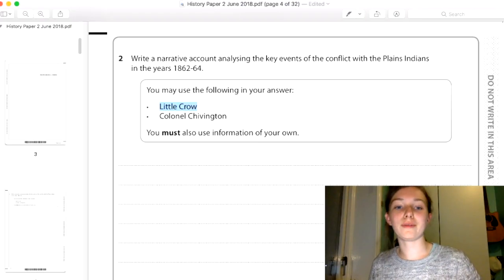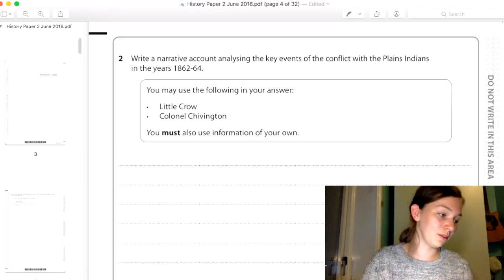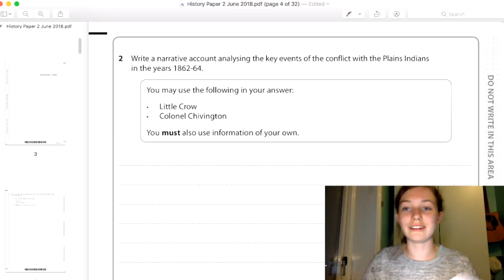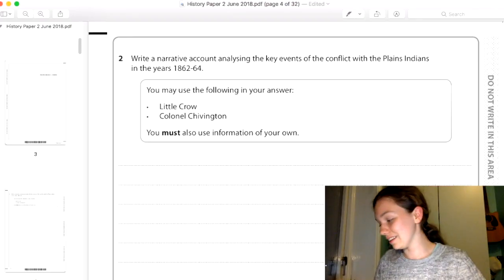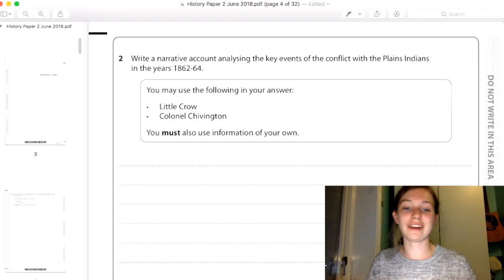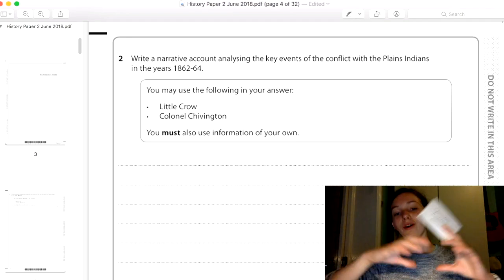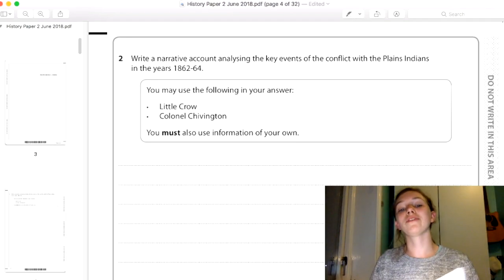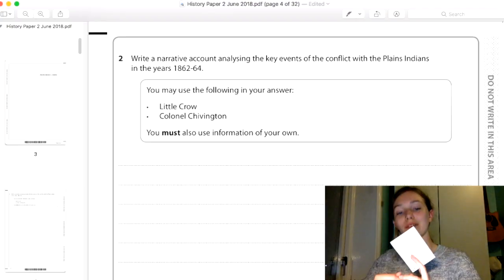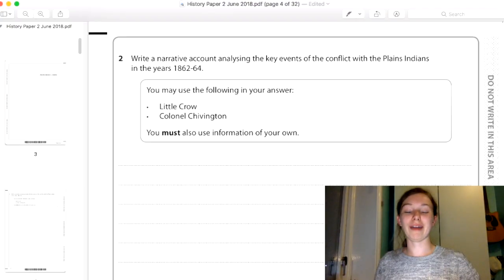But even when you're explaining what happened within the event, you're saying, Little Crow did this, which led to the US government doing this, which led to Little Crow and his tribe doing this, that kind of thing. And then you talk about how the whole of your Little Crow paragraph links on to your whole Colonel Chivington paragraph.